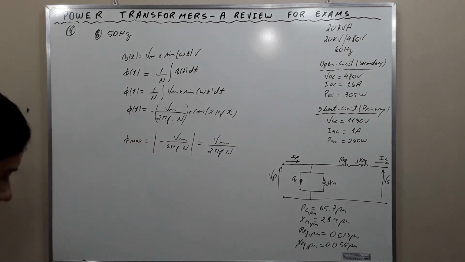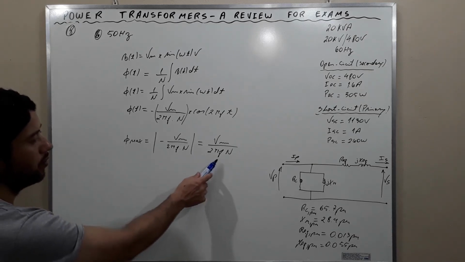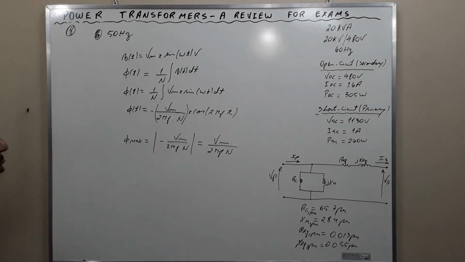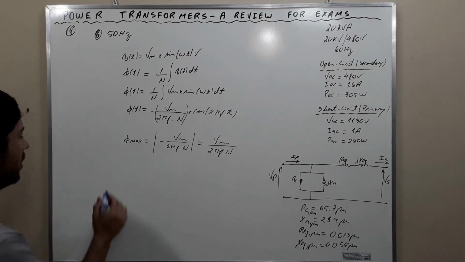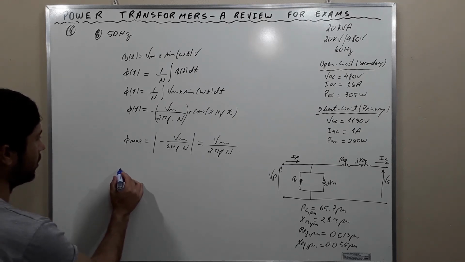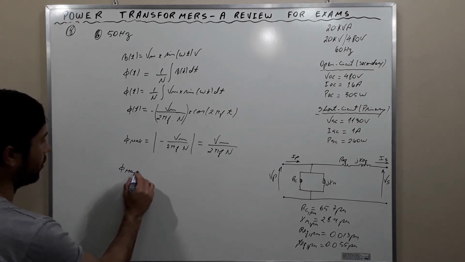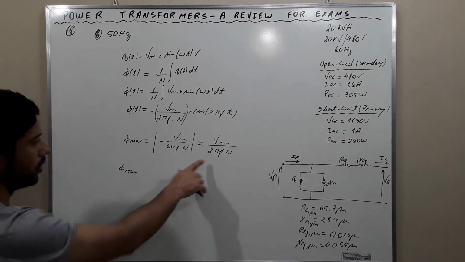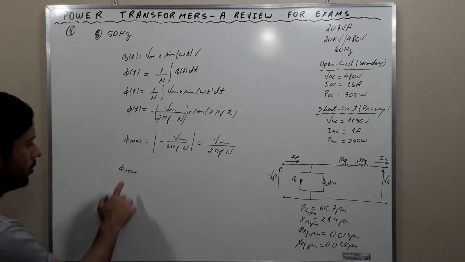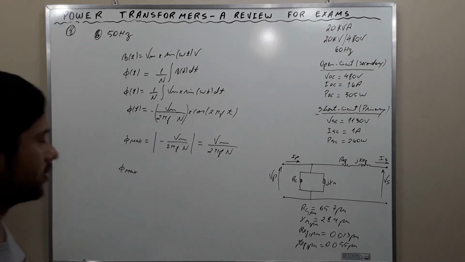Okay, and this result here enables us to understand what's going to happen. See that frequency is in the denominator here. What does it mean? It means that if we increase the frequency, we decrease the flux.